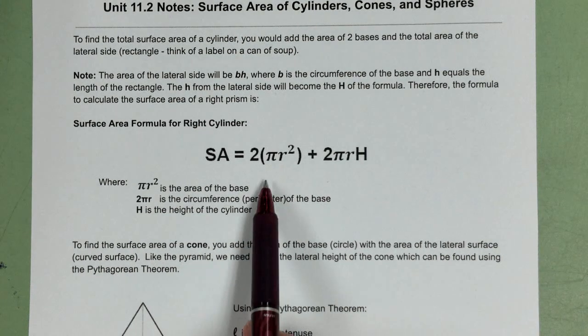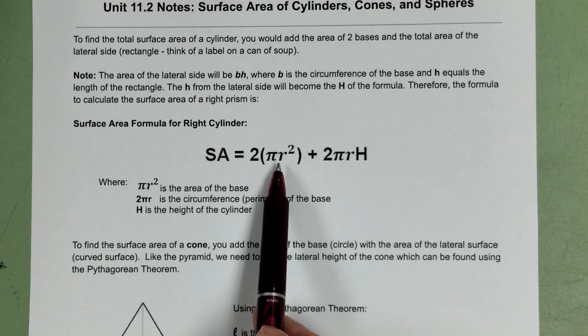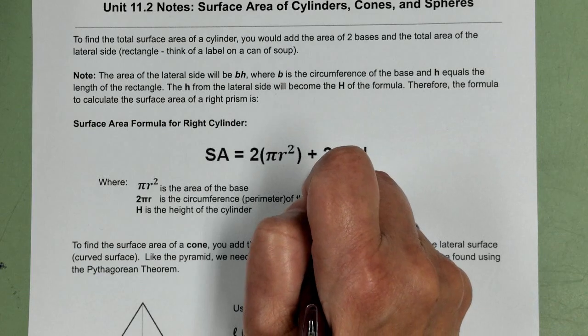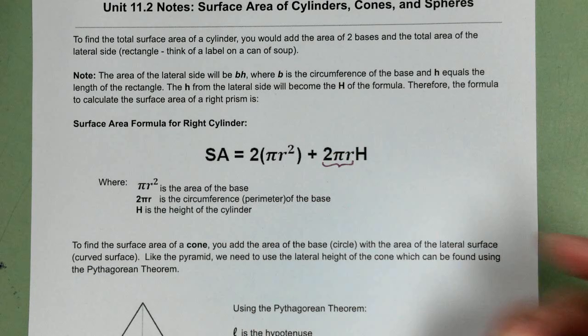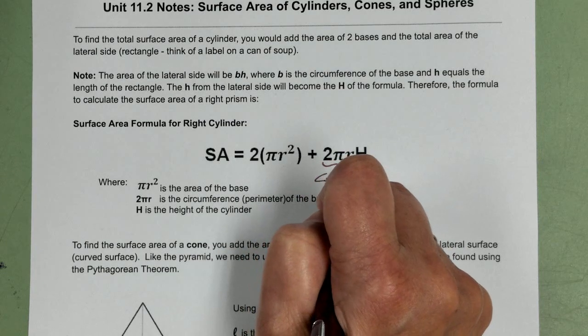Okay, so the base of a cylinder is always a circle. The area for a circle is pi r squared. All right. The perimeter of a circle is called the circumference.